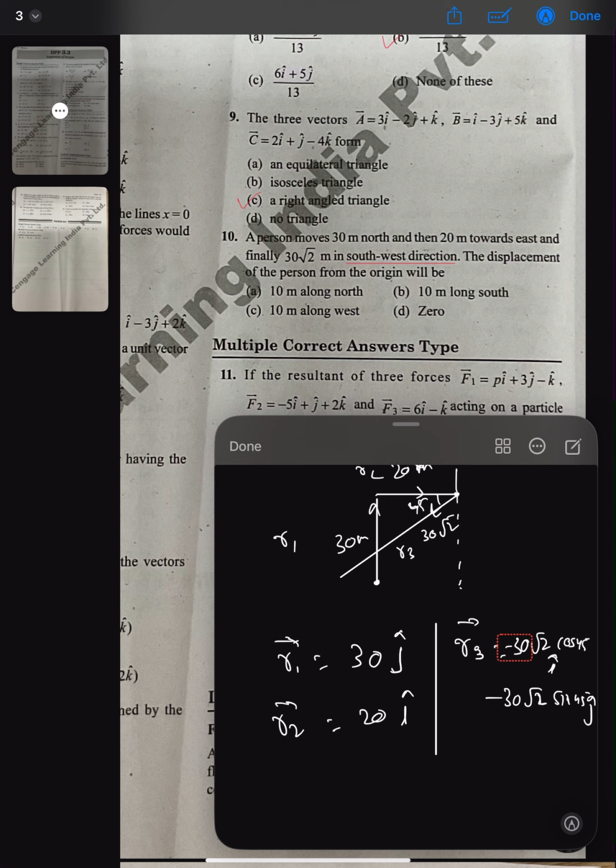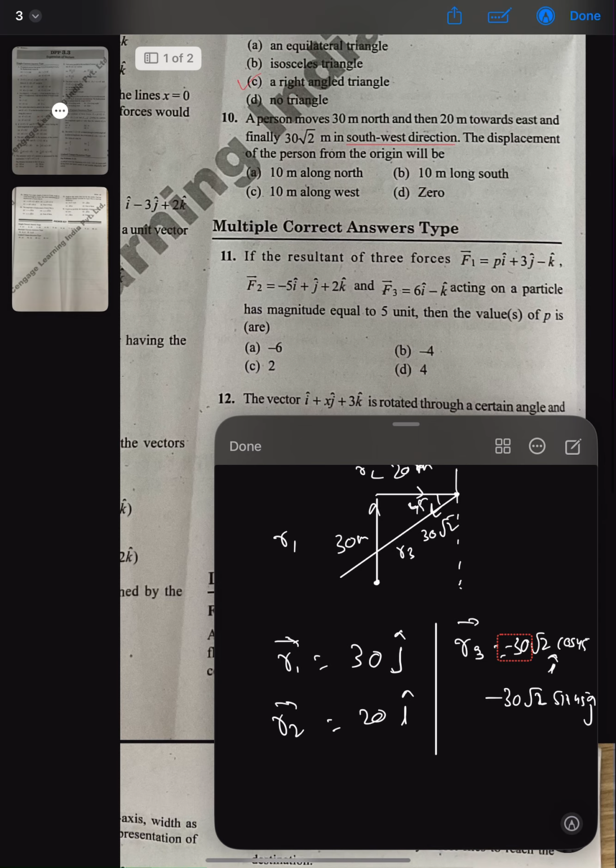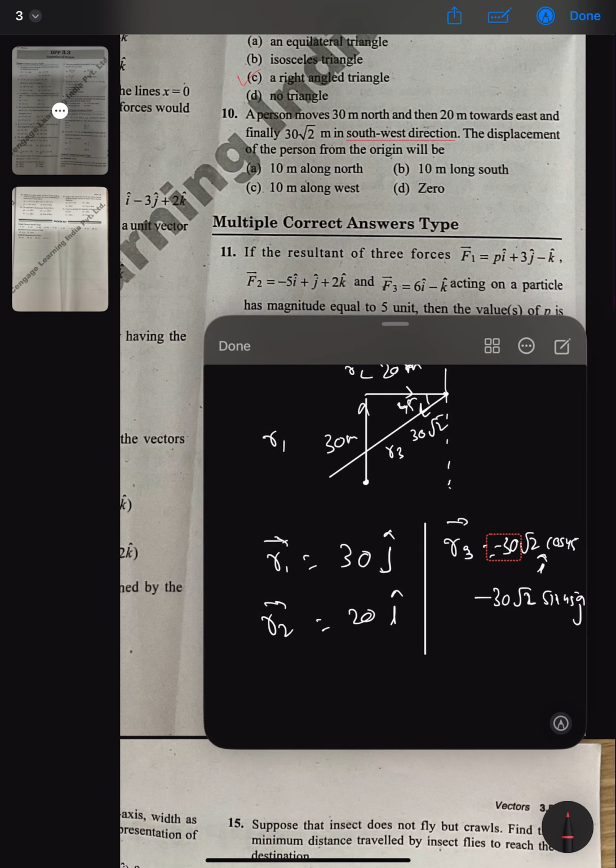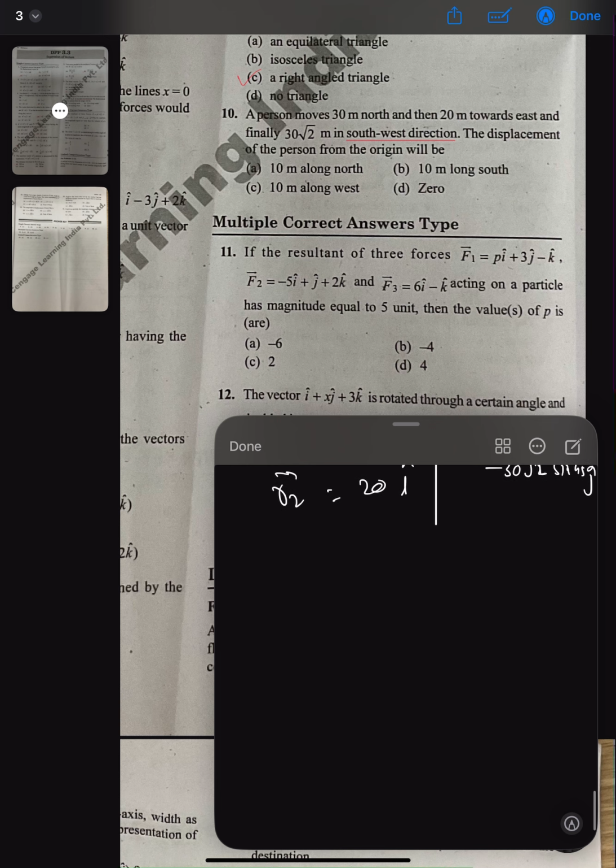It is asking you to calculate the displacement of the person. So we will simply add all the displacements. We know each displacement, R1, R2, R3, because we don't know the final position. Net displacement will be R1 plus R2 plus R3.